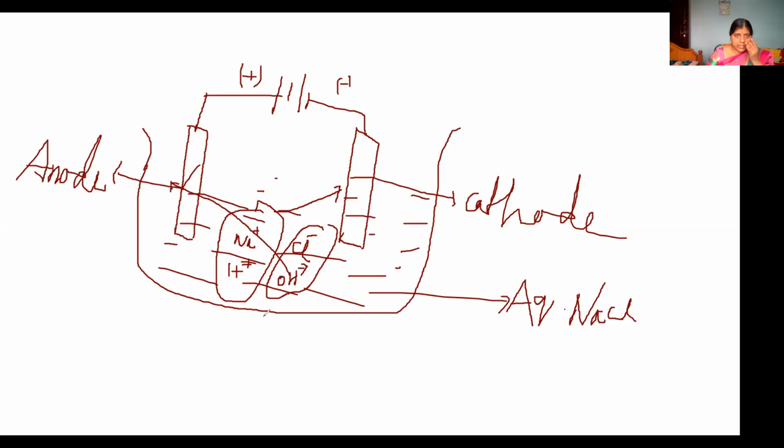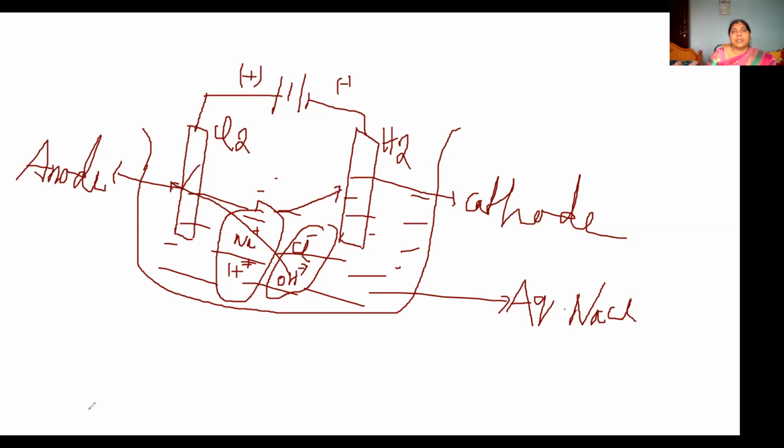In preference to Na+ ions, H+ ions will undergo reduction, so H2 gas is formed. In preference to OH- ions, Cl- ions will undergo oxidation, so chlorine gas is formed.